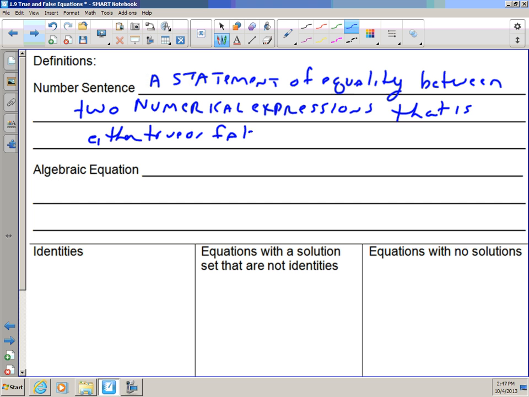Okay, that was like most of the examples in the do now, where all we had were numbers.